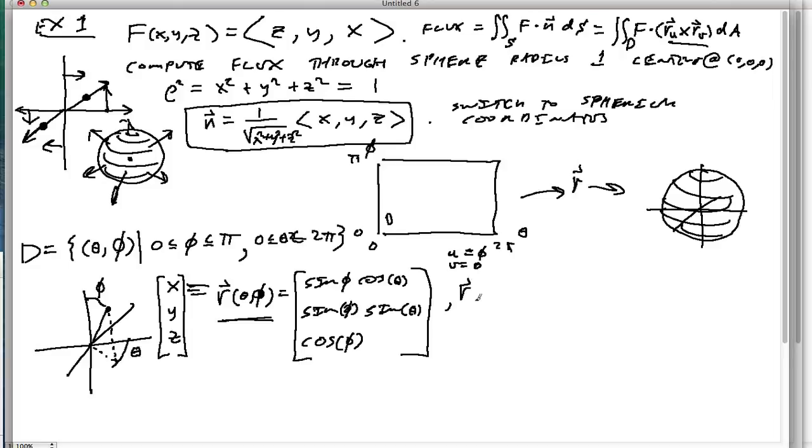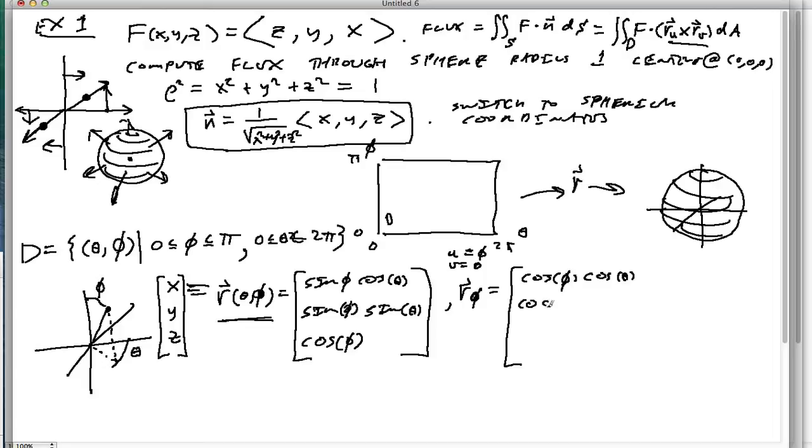So R_u, or R phi I should say, is going to be, and I'll write it out here, cosine phi cosine theta.